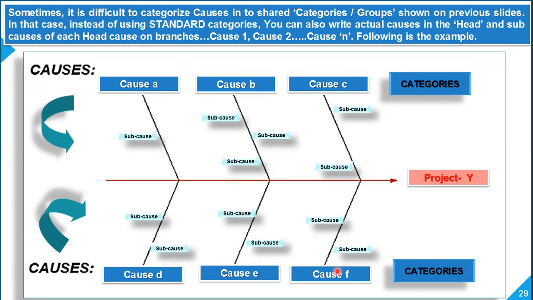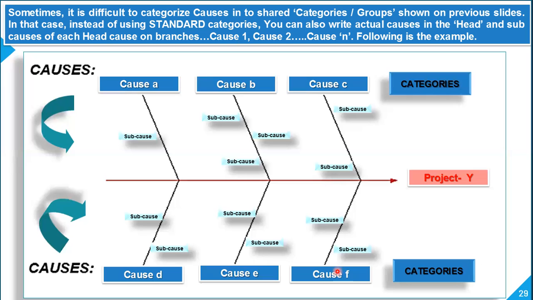It has to be flexible. You are not supposed to strictly communicate that these are the only categories one can use in a fishbone diagram. That is not expected of a fishbone diagram. Why we use these categories is to help us categorize, visualize and segregate the causes, so that we can very easily look at the causes.